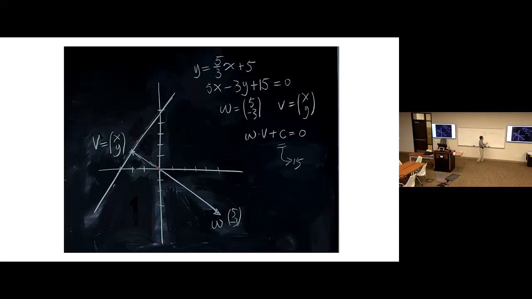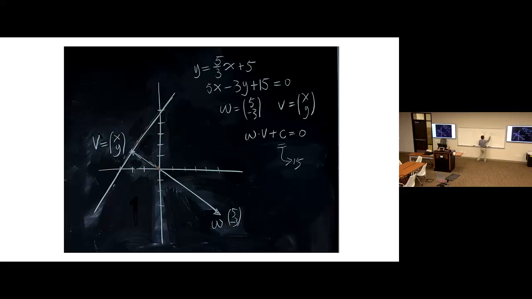The first thing I will do is transform this equation. So this is the same as that; you just move terms around, and this is also a representation of this straight line.